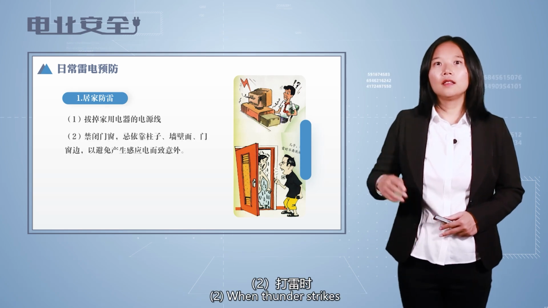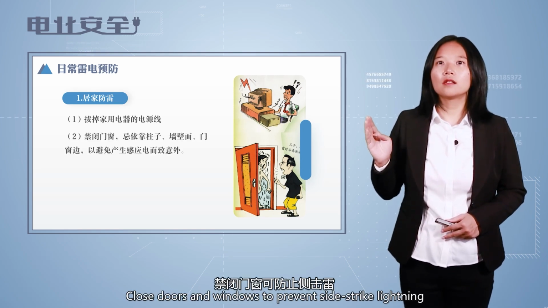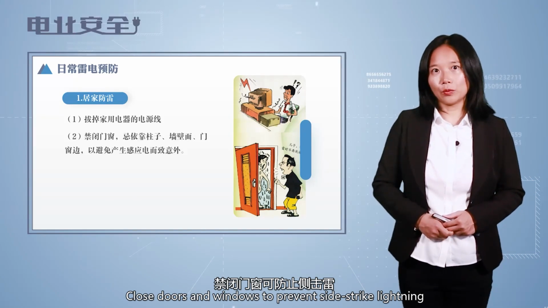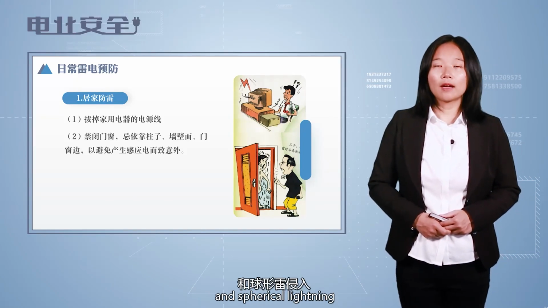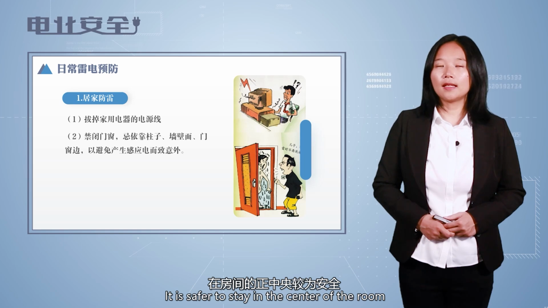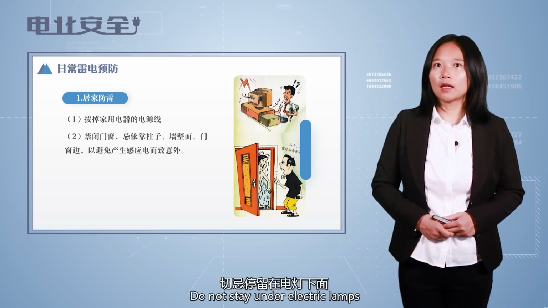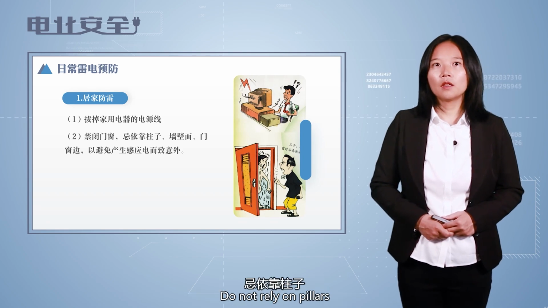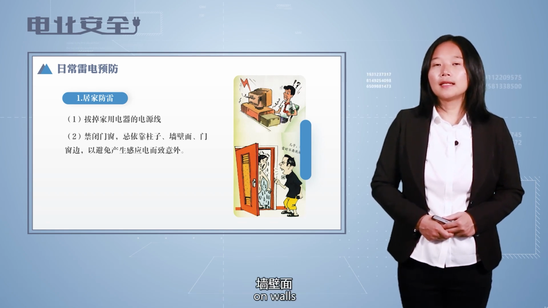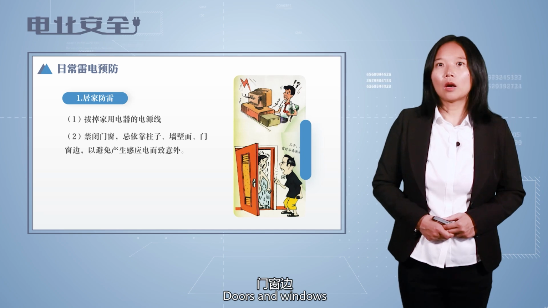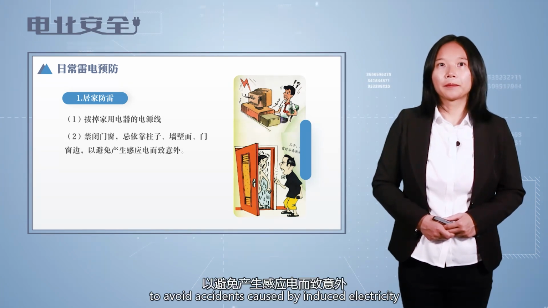When thunder strikes, close doors and windows to prevent side-strike lightning and spherical lightning. It is safer to stay in the center of the room. Do not stay under electric lamps.